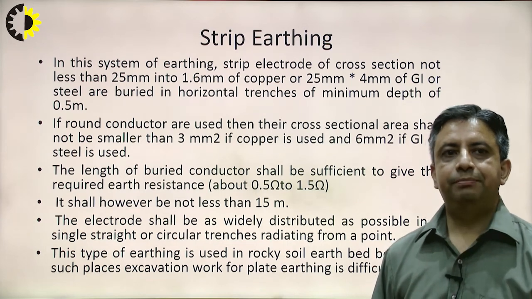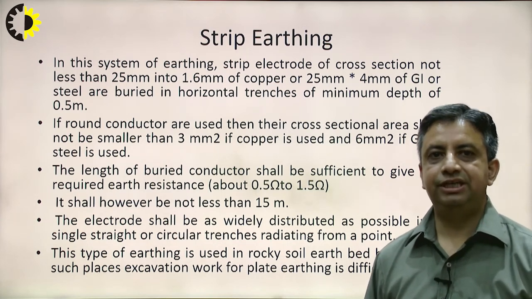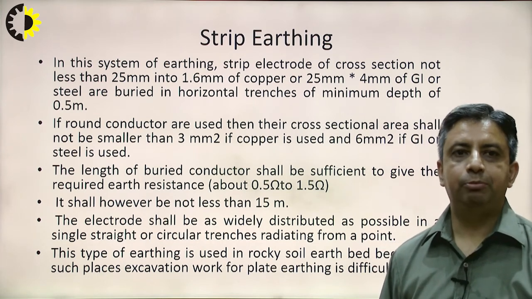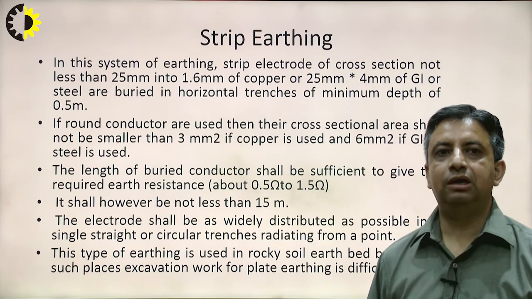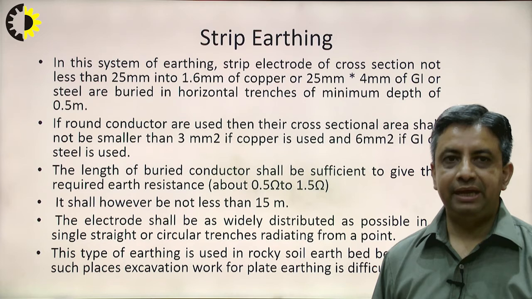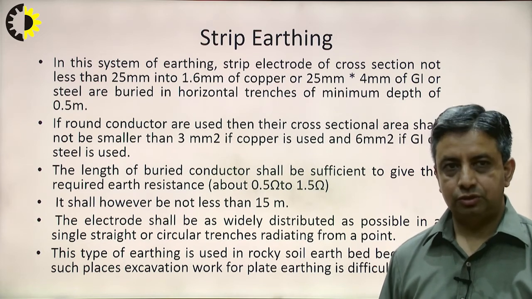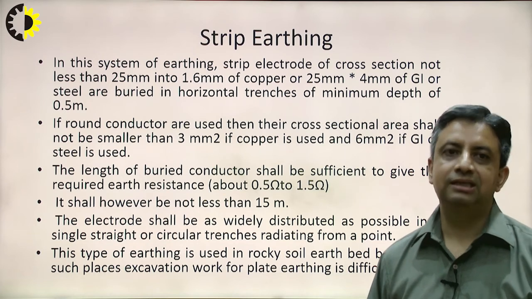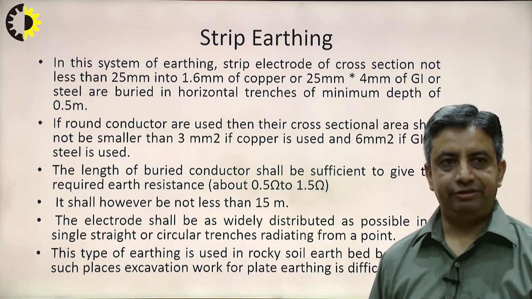The length of the buried conductor shall be sufficient to give the required earth resistance of 0.5 ohm to 1.5 ohm. As I told you, the earth resistance should be kept minimum. That is the main use of this earthing. So the earth resistance should be maintained as low as 1 ohm or 0.5 ohm.